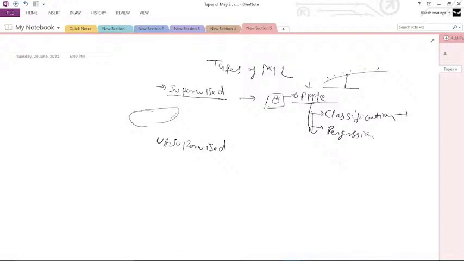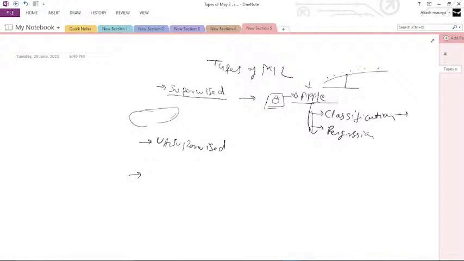The third type of machine learning model, some people say, is semi-supervised, which is a mixture of unsupervised and supervised learning.